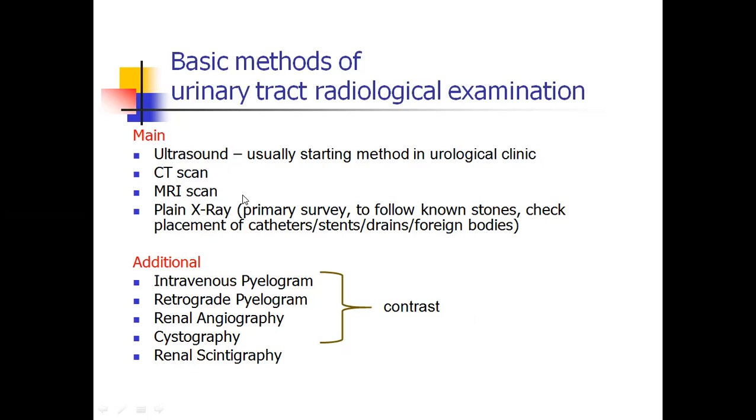By the way, as for CT or MRI, contrast enhancement is also very essential. And the last method of radiological examination for kidneys is renal scintigraphy, a nuclear medicine procedure with radioactive isotope.